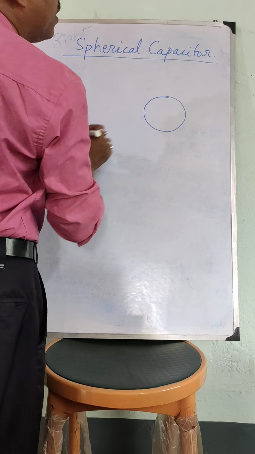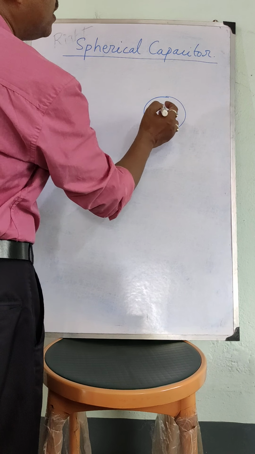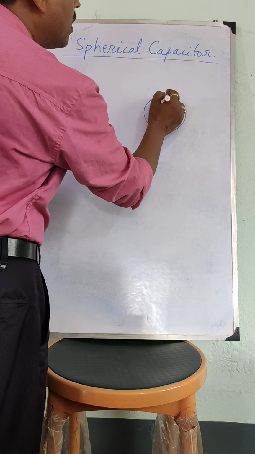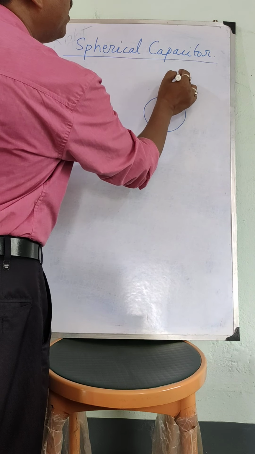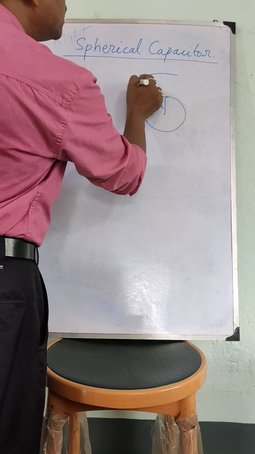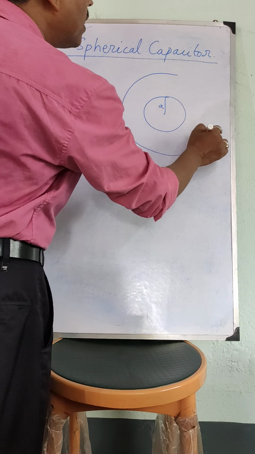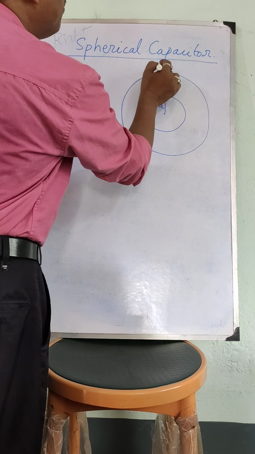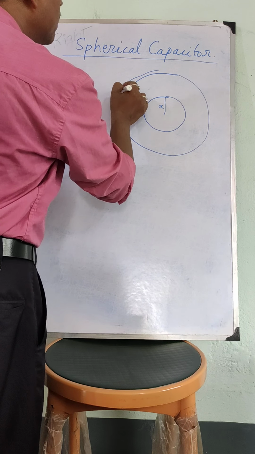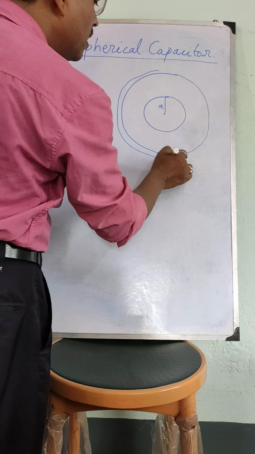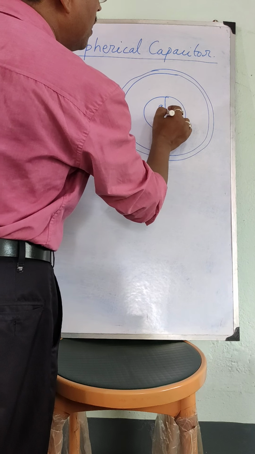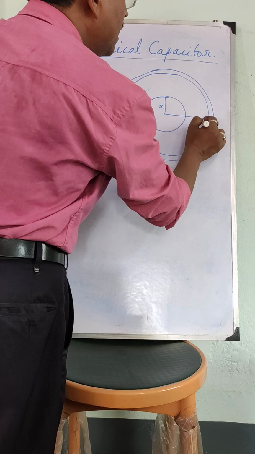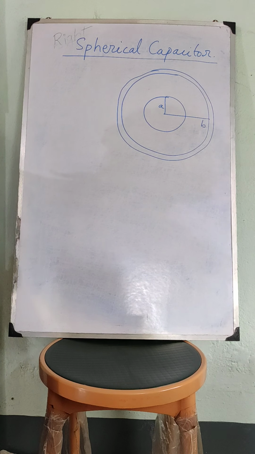two concentric spherical conductors. This is the inner conductor of radius A, and I have an outer spherical conducting shell, and this radius is suppose B. Okay.